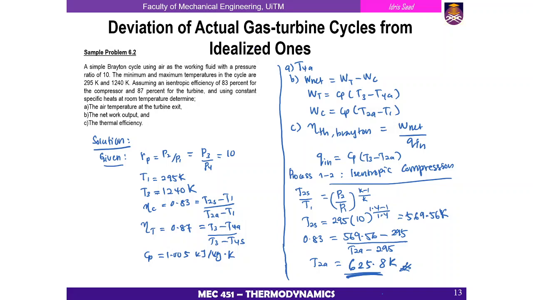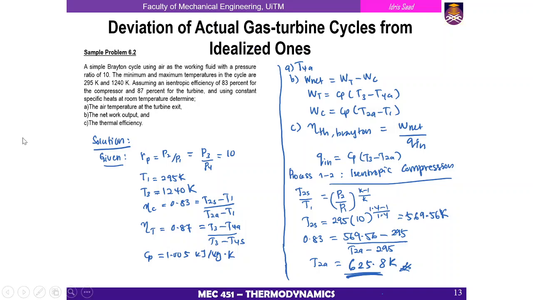Assuming an isentropic efficiency of 83% for the compressor and 87% for the turbine, and using constant specific heat at room temperature, determine A, air temperature, B, net work output, and lastly C, thermal efficiency.